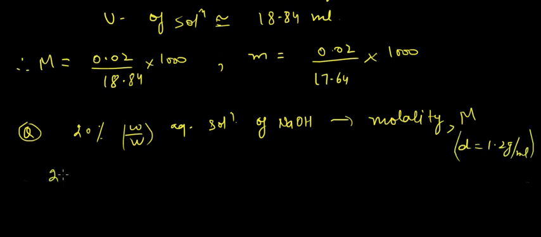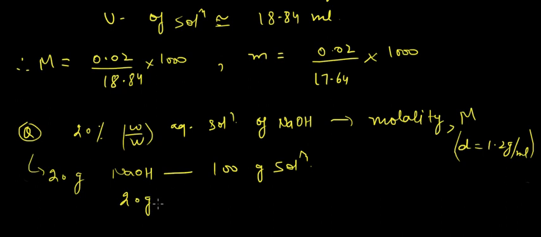From the given question, 20 grams NaOH is contained in 100 grams solution. So in other words, 80 gram water is there, because this is aqueous.